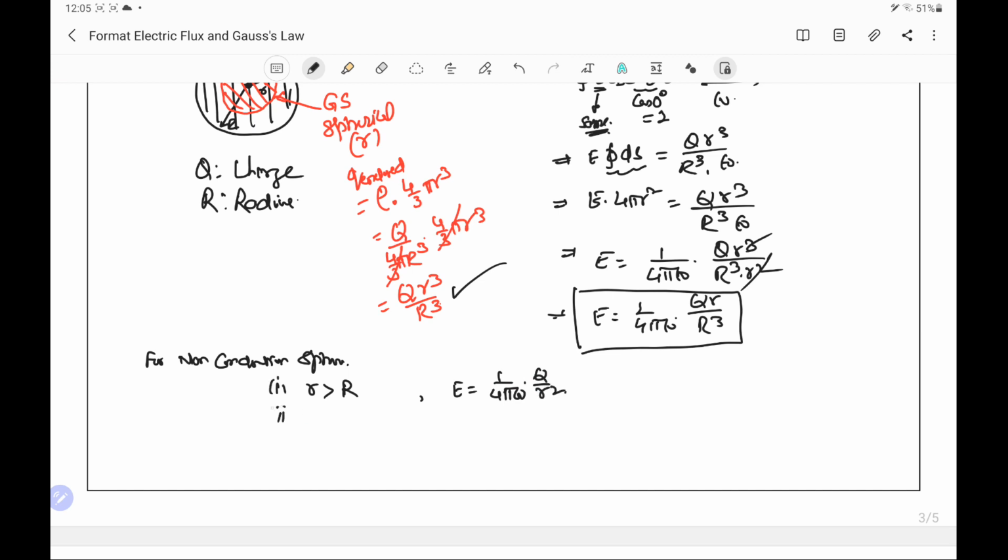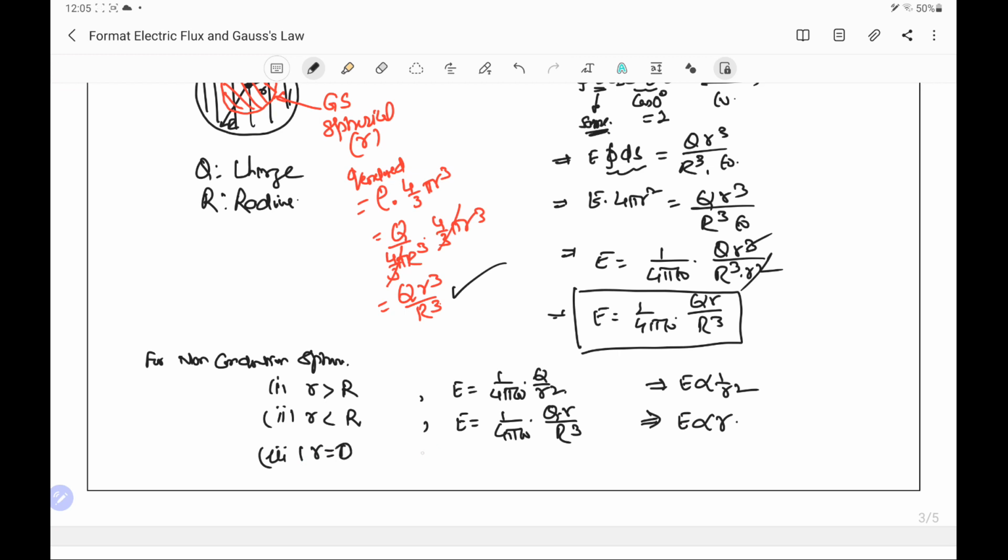And if r is less than capital R, then E is 1 by 4 pi epsilon naught Q into r by R cube. This equation says that E is proportional to 1 by r square for the outside point, and here E is proportional to r.